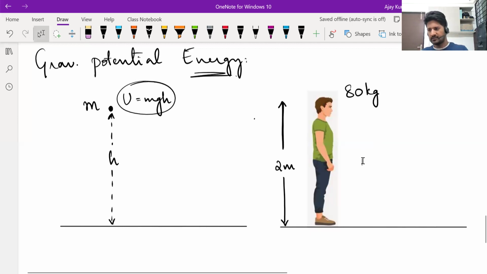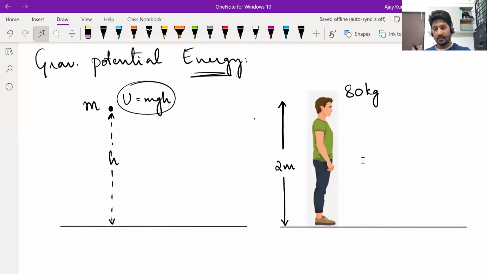Another thing we learn in this chapter is how to deal with objects whose dimensions are significant. Till the last chapter, all the way from kinematics to work energy power, we never considered the height of the block or radius of the ball and such dimensions. Block is on the floor, it's on the floor. Block is at a height 2 meters, the entire mass is at a height 2 meters is how we used to take it.